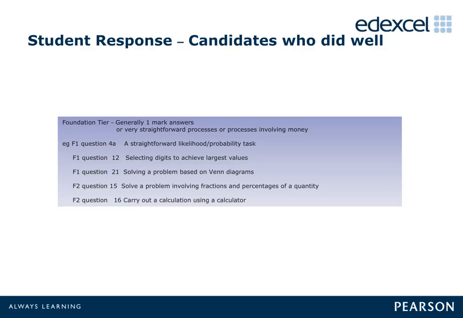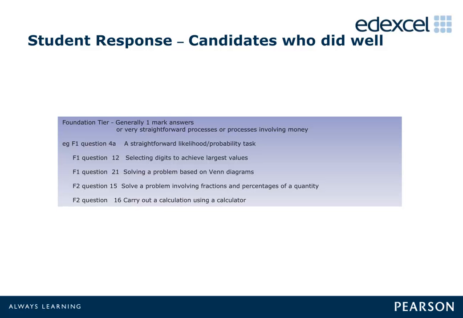We will start by looking at foundation tier. What candidates did well included 1-mark answers, or very straightforward processes, or processes involving money. For example, F1 question 4a, a straightforward likelihood probability task.